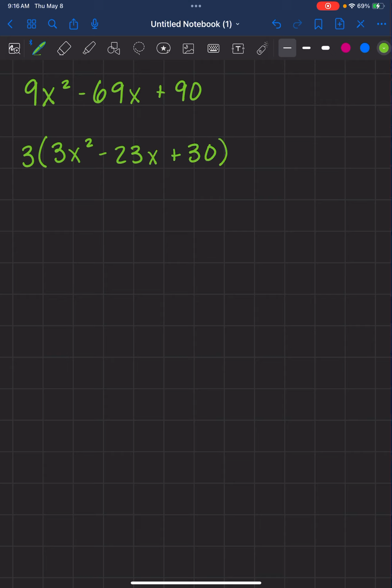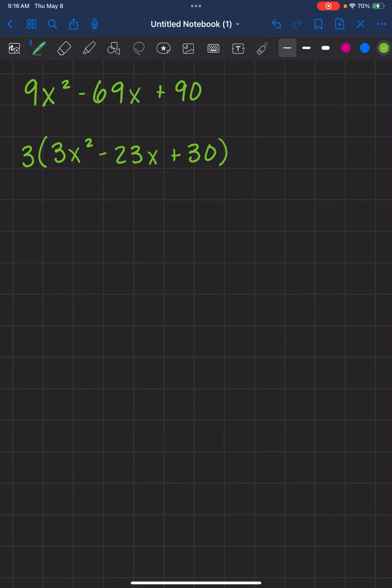And this isn't actually required at this stage, but it makes it a little bit easier because you have smaller numbers to deal with inside that quadratic, so it's just a good idea. But something really important is not to forget to put that 3 back in at the end.